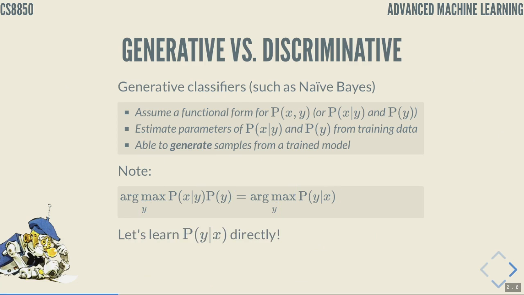So why don't we learn instead the posterior distribution directly rather than learning prior and likelihoods separately? So why don't we learn the decision boundary directly? Because the posterior distribution basically is our step towards the decision boundary. So why don't we learn the decision boundary directly, as we used to do with the perceptron?